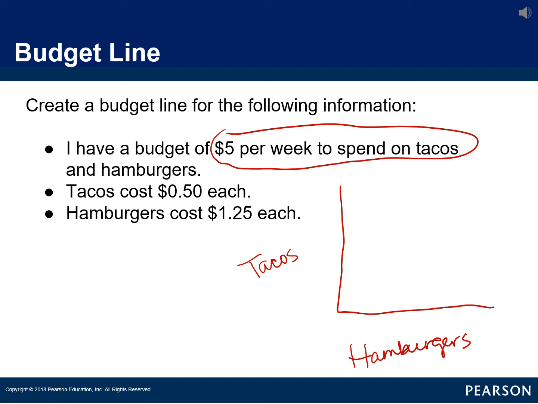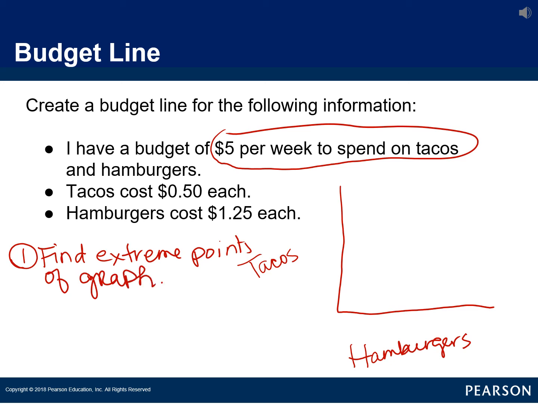However, my first step is going to be to find the extreme points of the graph. What that means is, if I spent my entire $5 on tacos and I bought 0 hamburgers, how many tacos could I buy? Well, to figure that out, you're going to take $5 and divide that by 50 cents.